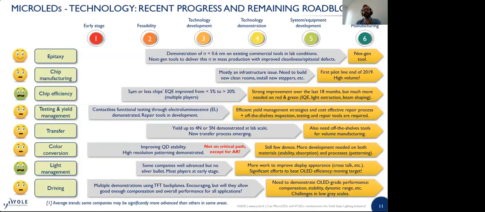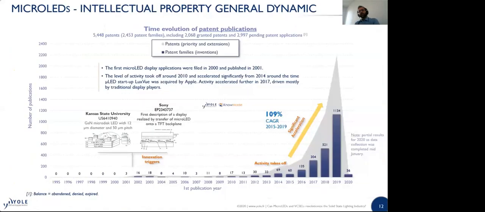Progress is also visible in the proliferation of prototypes presented over the last 2 years by close to 20 companies. Equipment makers have also taken notice and are starting to develop micro-LED specific tools for assembly, bonding, inspection, but also testing and repair, a real roadblock for the development of this technology. And LED makers are also showing growing interest in this technology.